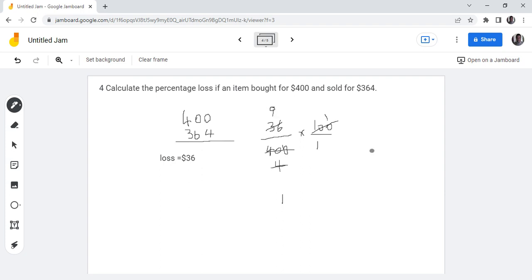So our loss percentage would equal 9%, right? Let me write this. Loss percentage equals 9%.